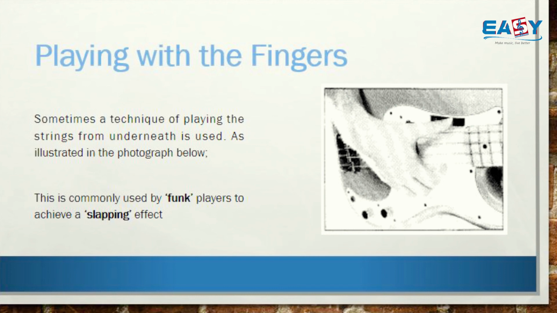You can use the thumb, and there is another local style that needs the thumb, like the Congolese styles. The thumb helps so much. It mostly helps to create the bass beat.